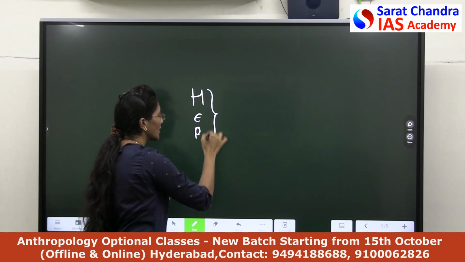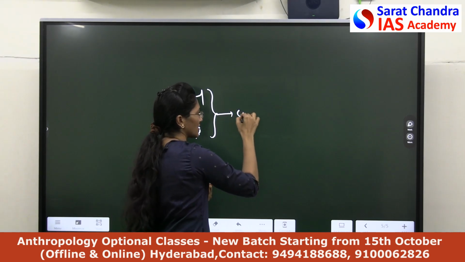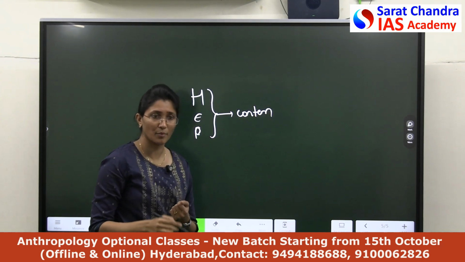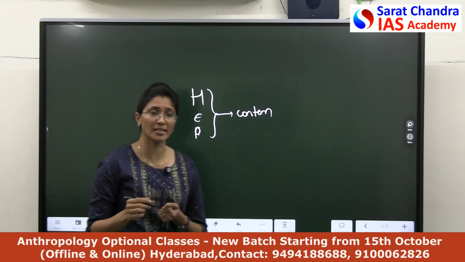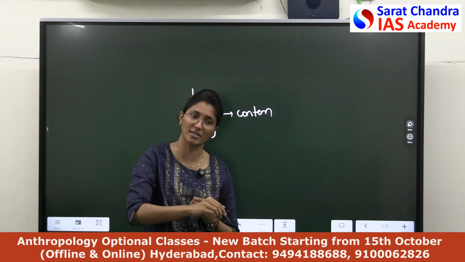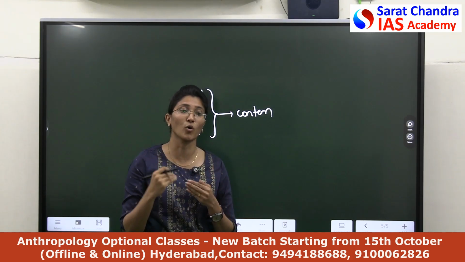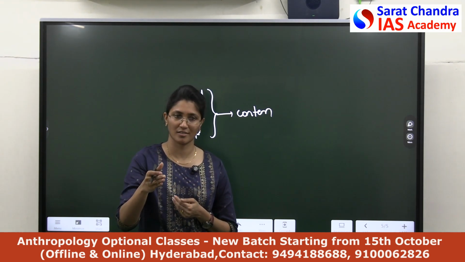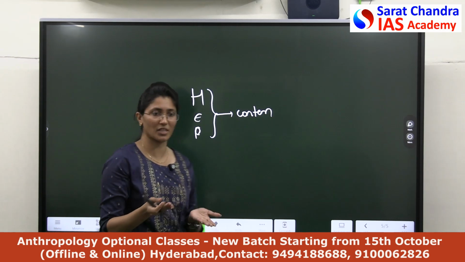You study these in contemporary societies, how today's societies are, right? But in anthropology, you study contemporary societies and primitive societies as well. So it is kind of holistic. Across time you're studying, across space, right? And the same thing with all the other subjects.